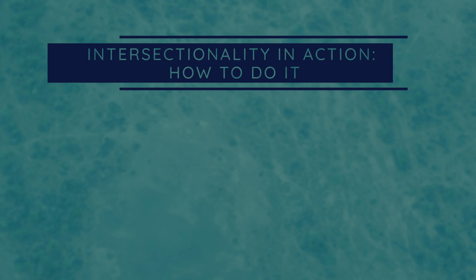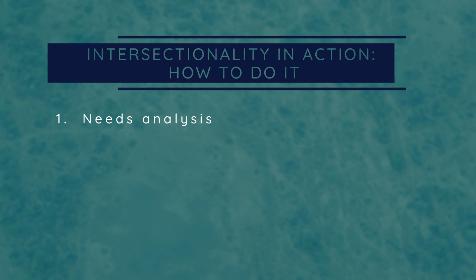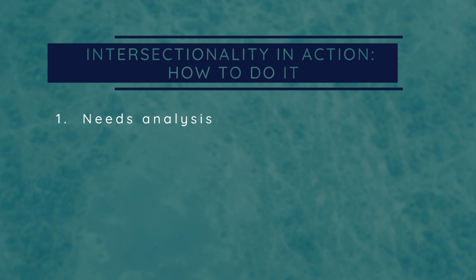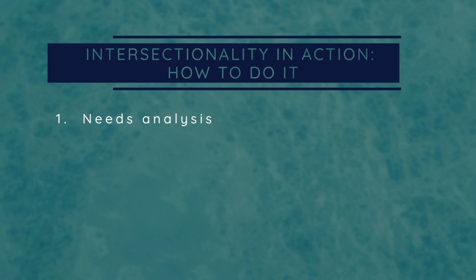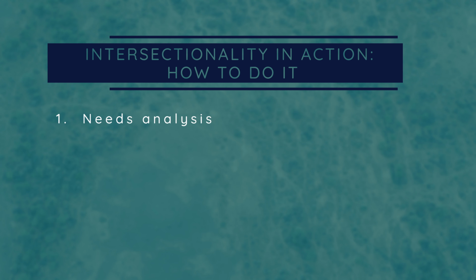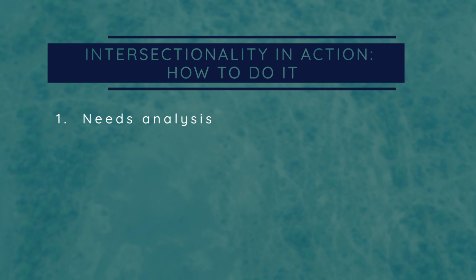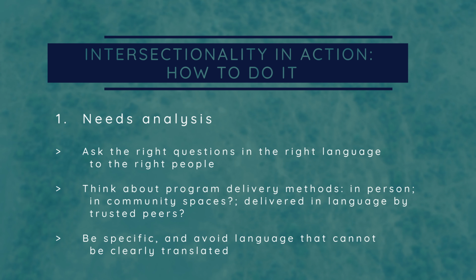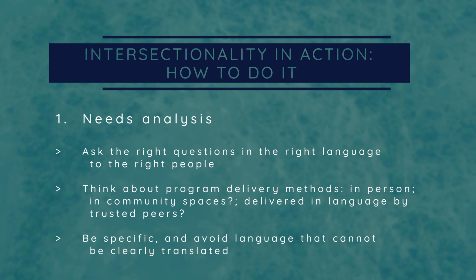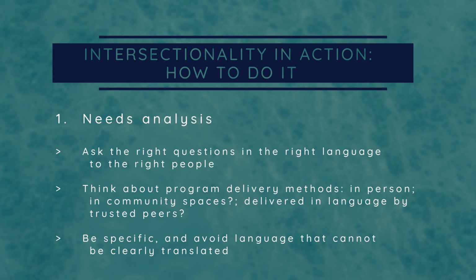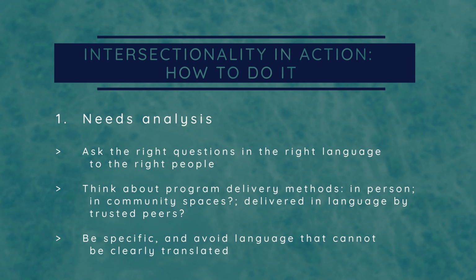So the next step that we would like to talk about is a needs analysis, a really important part of intersectionality in action. It is all about digging as deep as you possibly can to understand the needs of the people that you're wanting to work with. The way to do that is to ask questions, but to ask the right questions. Often you might need to ask the questions in language.